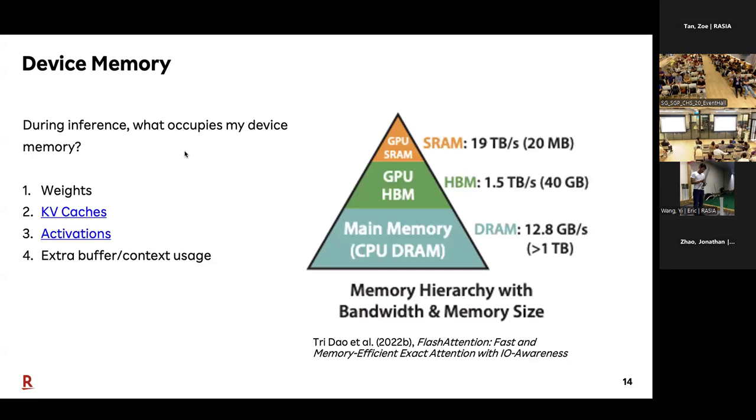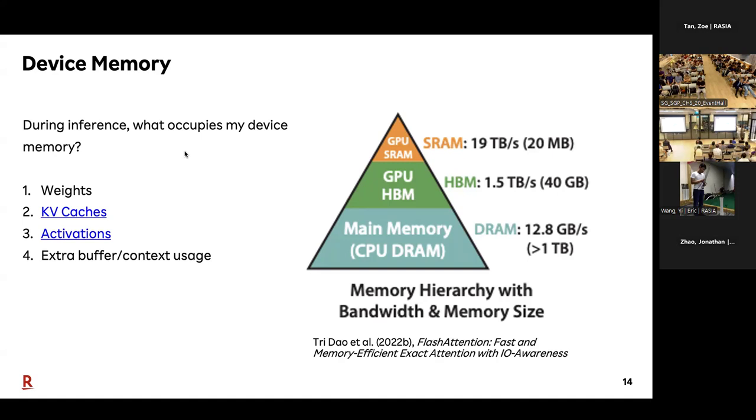You can see here, the green part, HBM. It has a relatively high bandwidth and a relatively large space. It has 40 gigabytes. That's for one of the series of A100 NVIDIA GPUs.